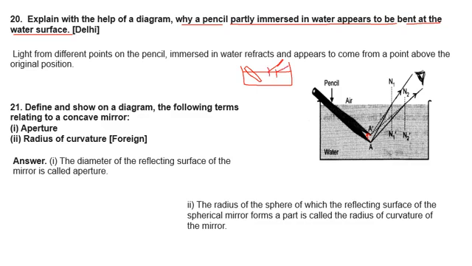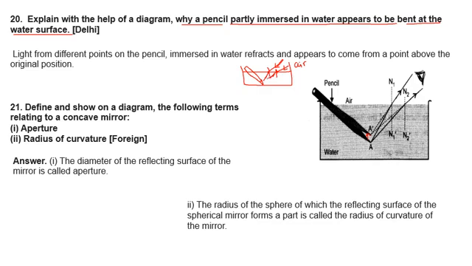We know that when light enters from a rarer medium, air over here, to a denser medium, that is water, it bends towards the normal. So these rays will bend towards the normal, and after bending they are going to meet somewhere over here.